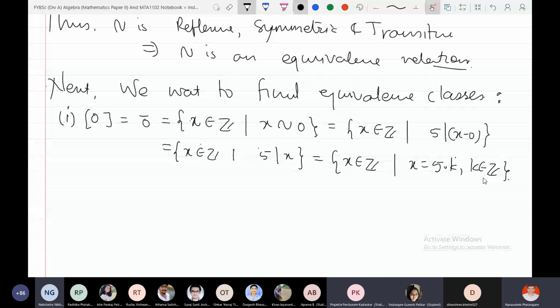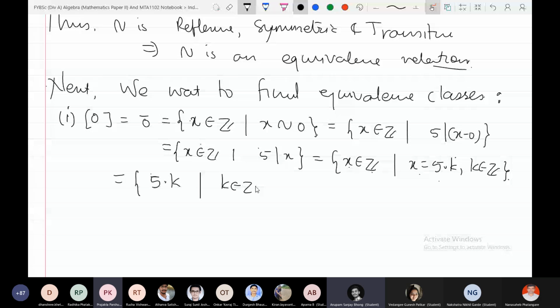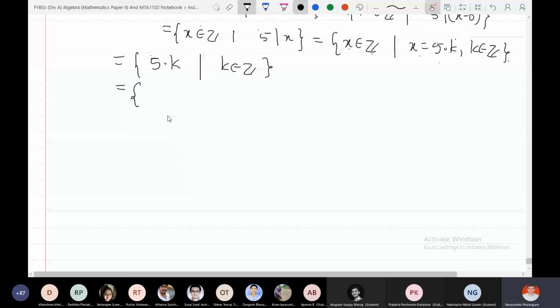Yes, sir. And therefore, can you tell me in simple words what is my set? Those integers which are multiples of 5, that means 5 times k, just vary k: 0, 5, 10, 15, 20, and so on.